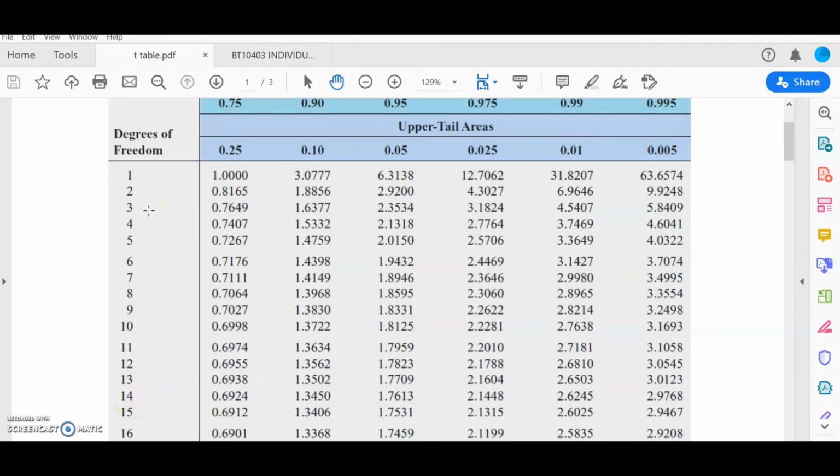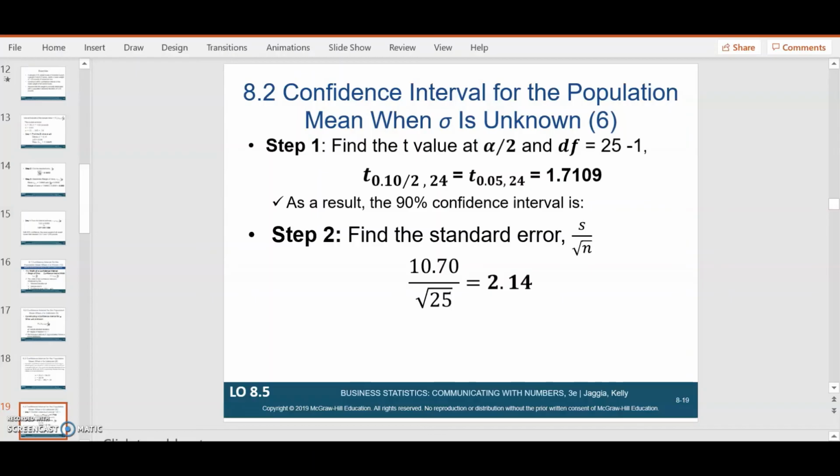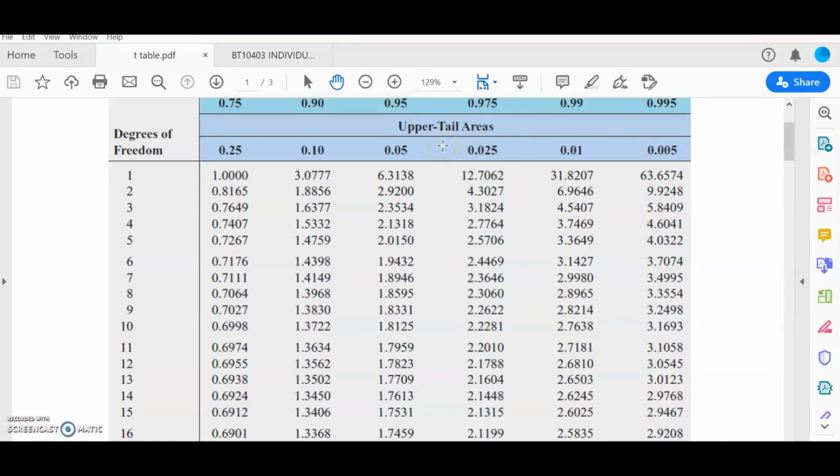And we also know that the significance level divided by 2 is equal to 5%, because 0.10 divided by 2 is equal to 0.05. Remember that we have to refer the value for the degrees of freedom at the upper tail area or one tail area, because some of the t distribution tables report the two tail area as well.